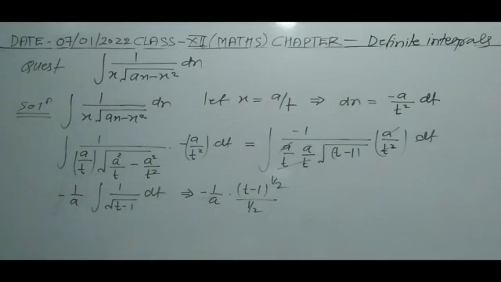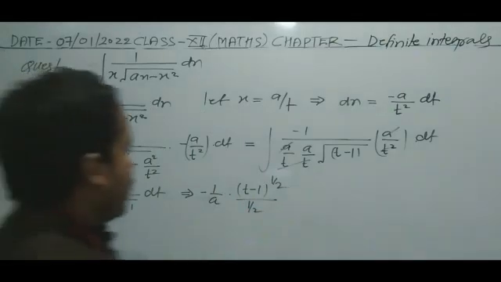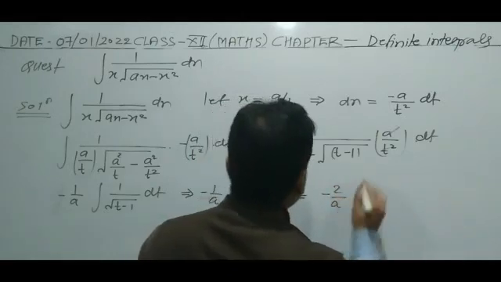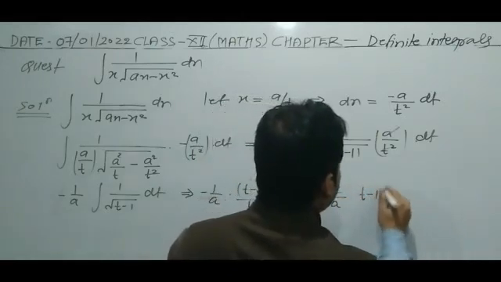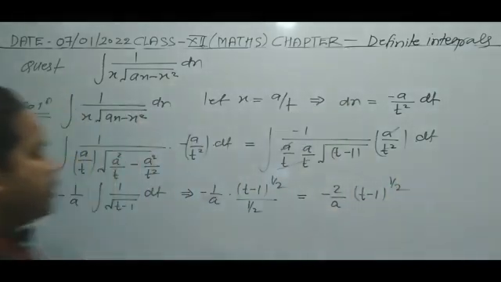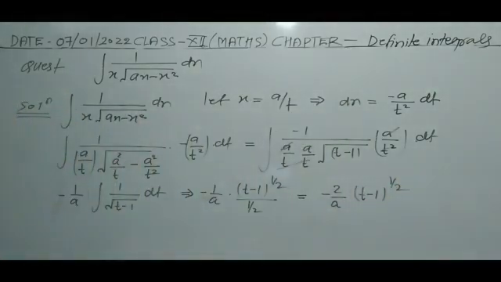Now this result will be minus 2 by a, t minus 1 to the power 1 by 2, and the t result you know. What is t? See, t I have considered as a by x. So the result will be a by x minus 1 to the power 1 by 2.